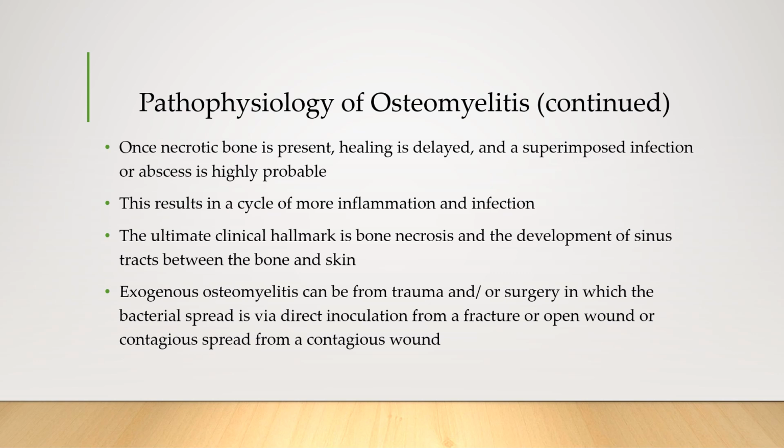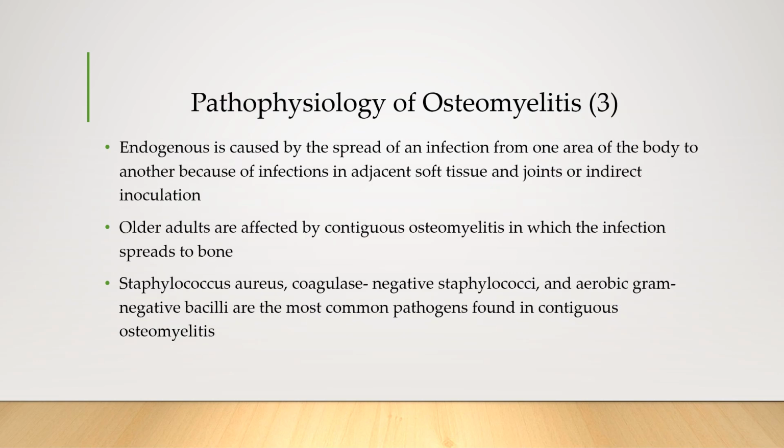Exogenous osteomyelitis can be from trauma and/or surgery, in which the bacterial spread is via direct inoculation from a fracture or an open wound, or contiguous spread from a contiguous wound. Endogenous is caused by the spread of an infection from one area of the body to another because of infections in adjacent soft tissue and joints or indirect inoculation.